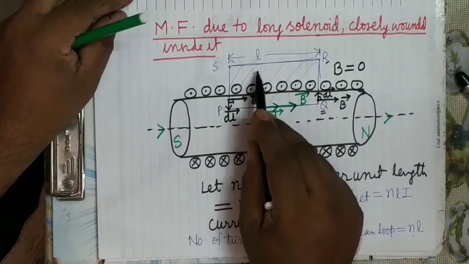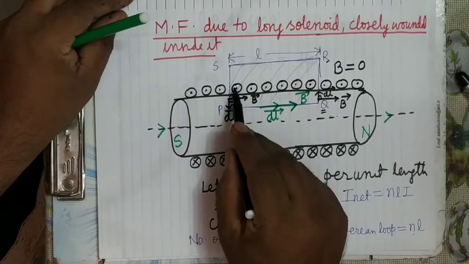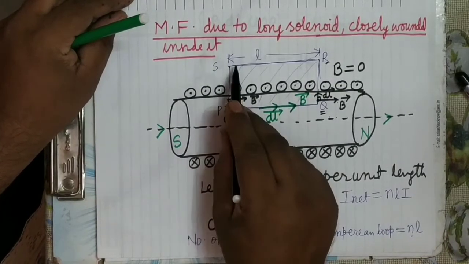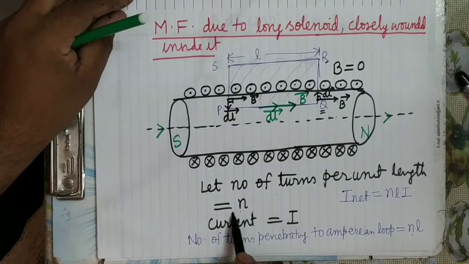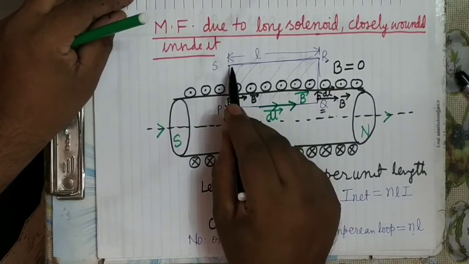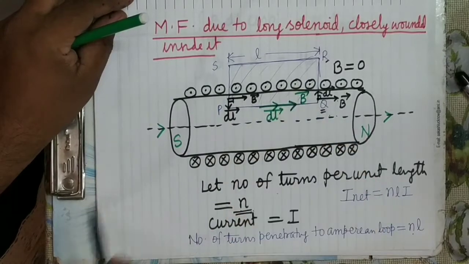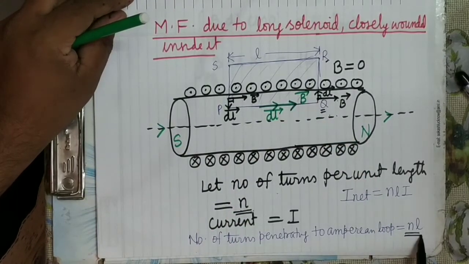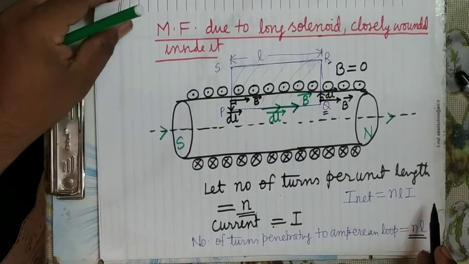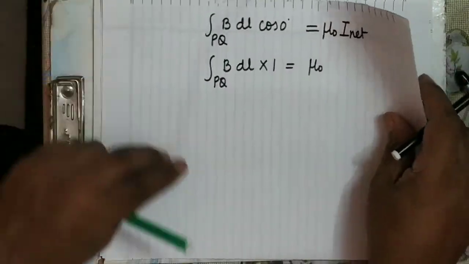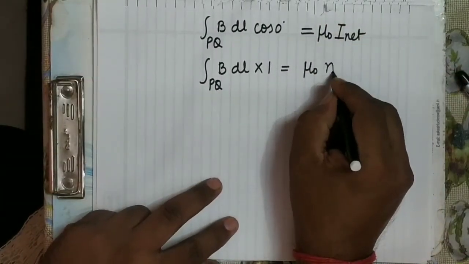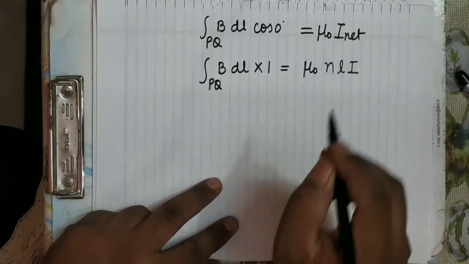First you find how many turns are penetrating this area. Its length is L, and per unit length there are n turns. So the total number of turns penetrating this length L is n into L. Each turn is carrying current I, so it will be n into L into I. It's clear? So I net will be equal to n into L into I.